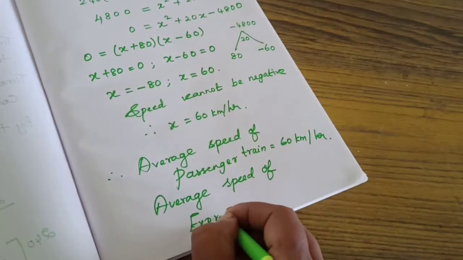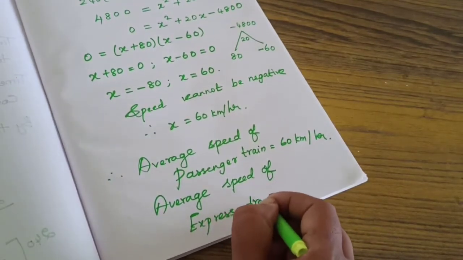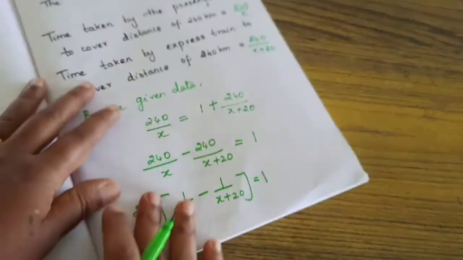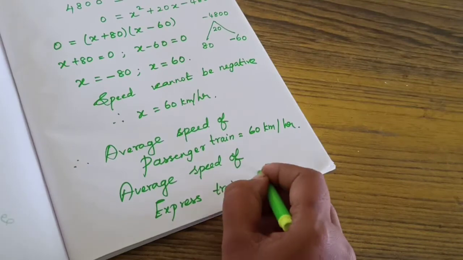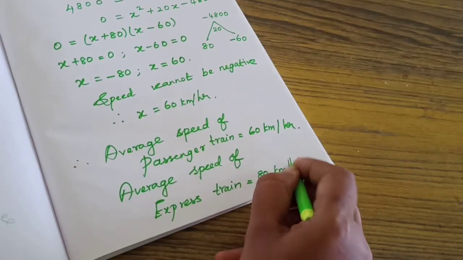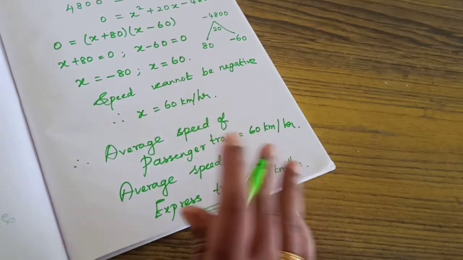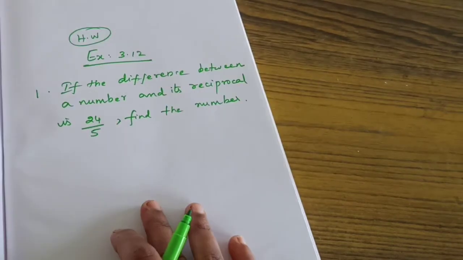The express train is how many kilometer more than that? 20 kilometer more, because already we wrote that is x plus 20. So this x plus 20, that is 80 kilometer per hour. That's all the answer. Okay, got the concept clearly, students?